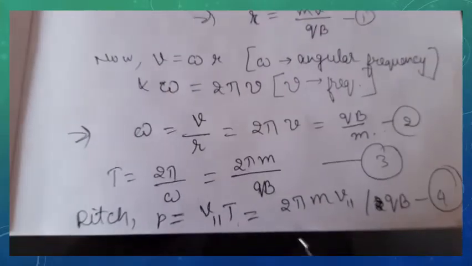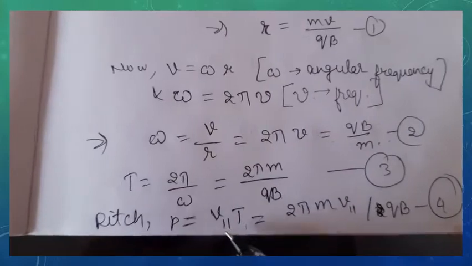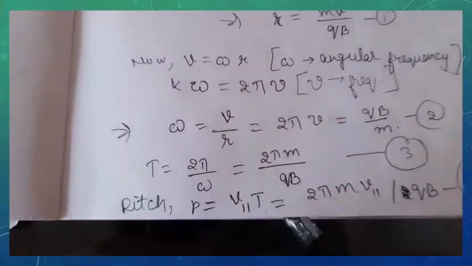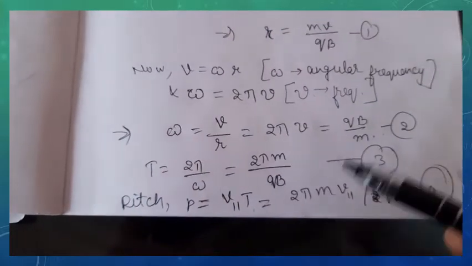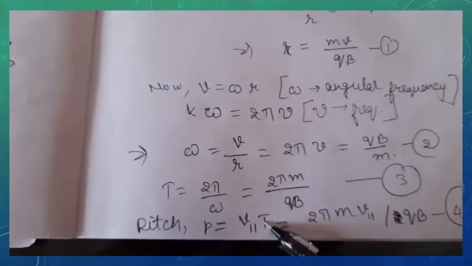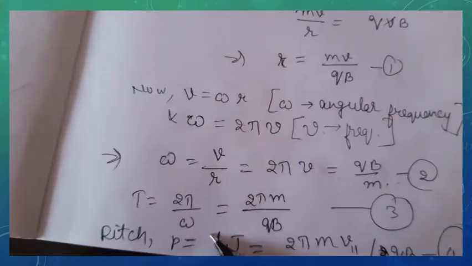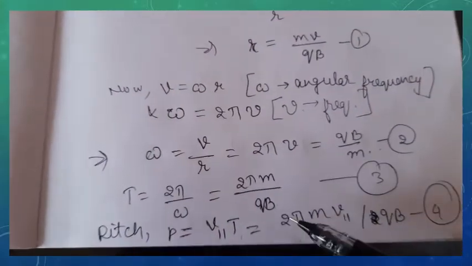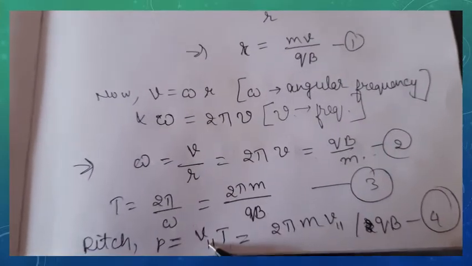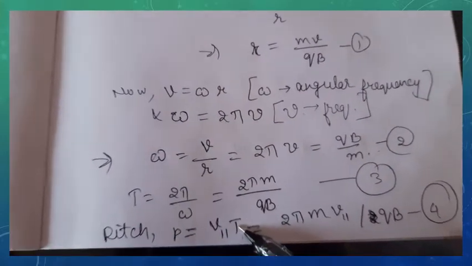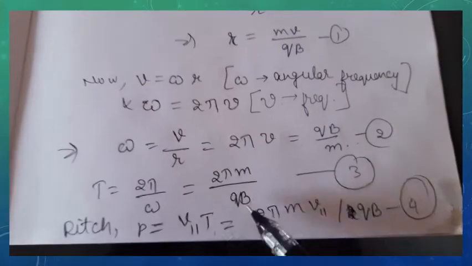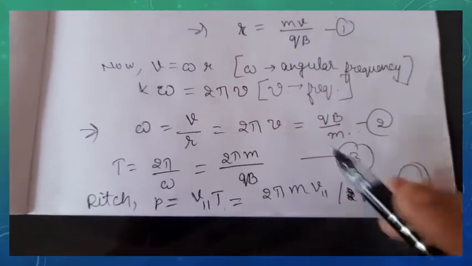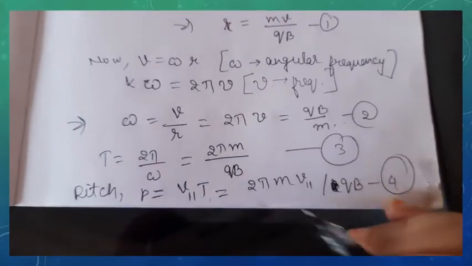Because the object is moving along a straight line path with velocity v parallel, but we are finding the distance traveled in a time equal to the time period of completion of one circle. So distance is speed into time. Time is the time taken for completion of one circle, and velocity is v parallel because we are determining the straight line distance. So we put the value of T from equation 3 and we get this expression for pitch.